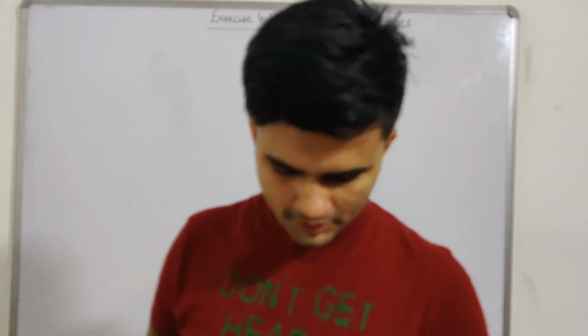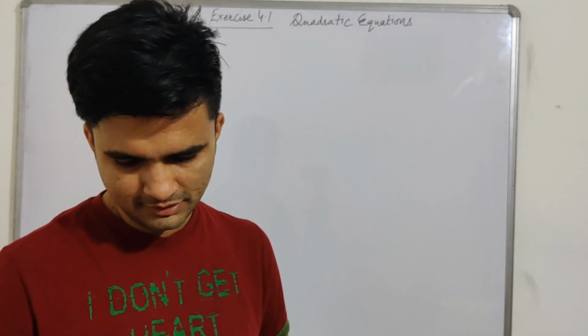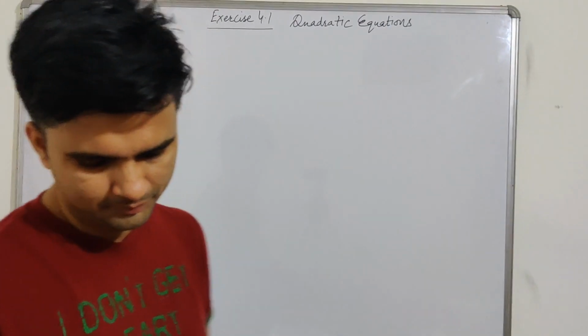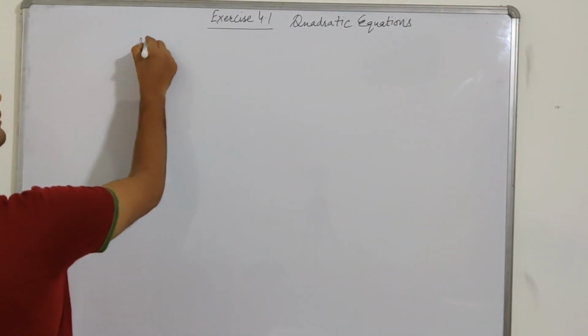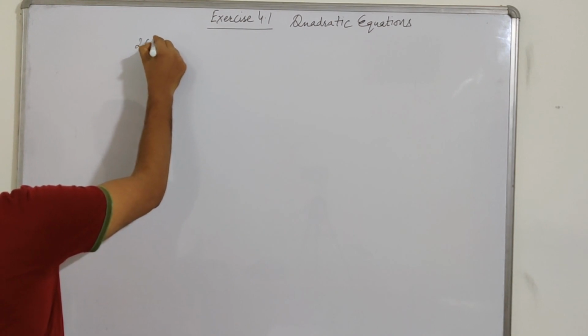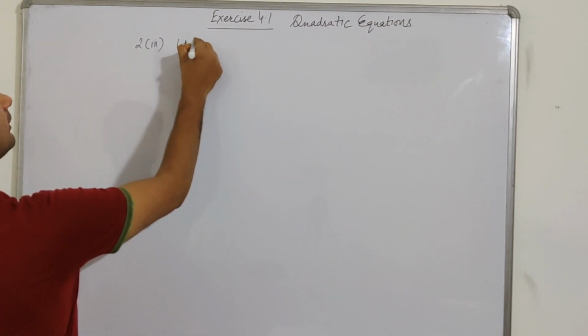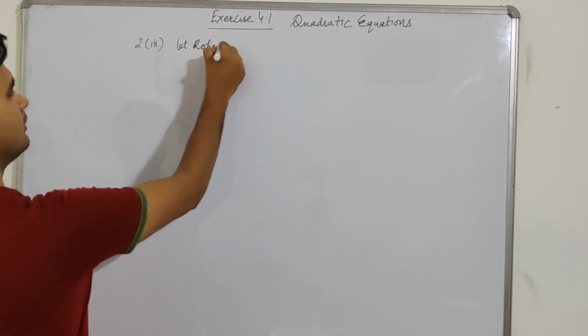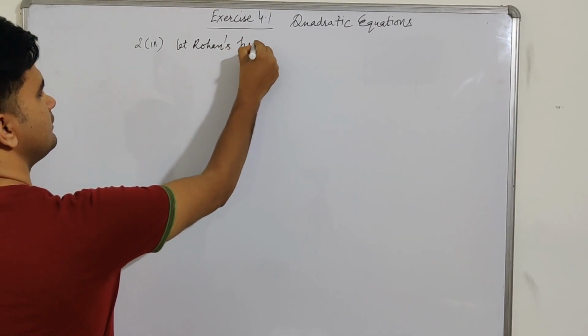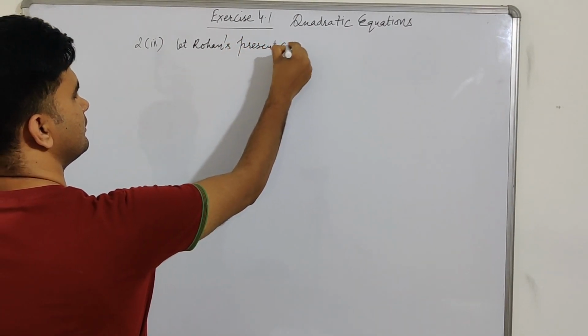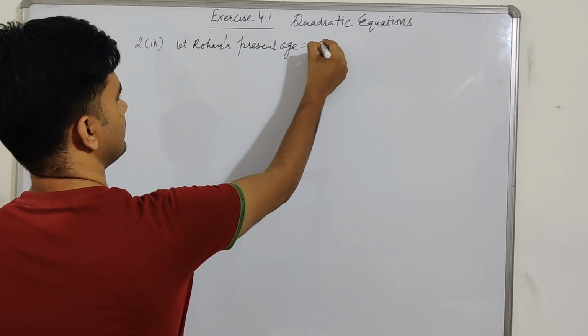Now come to the third part. Rohan's mother is 26 years older than him. It means we will assume, let Rohan's present age be x years.